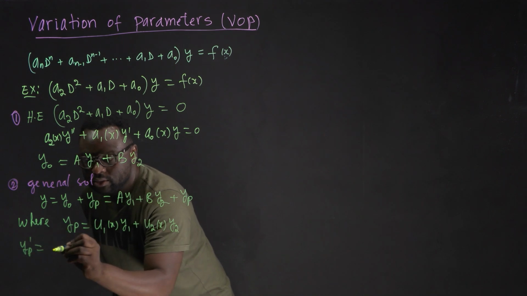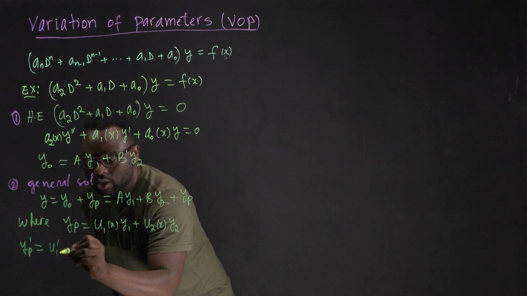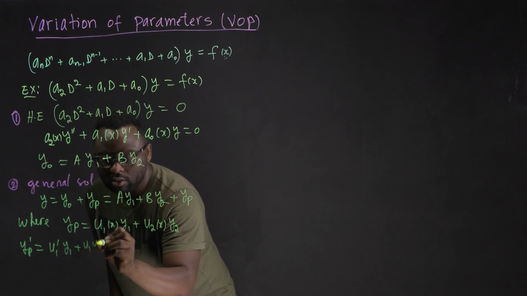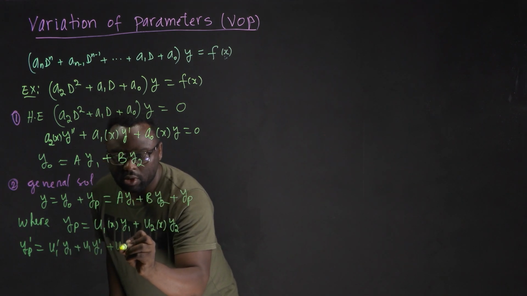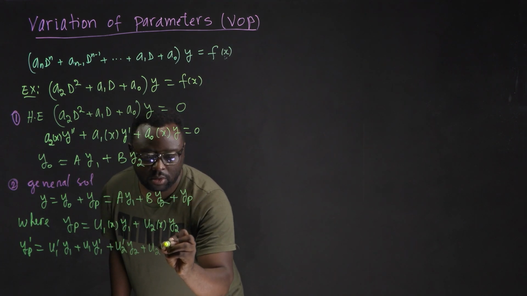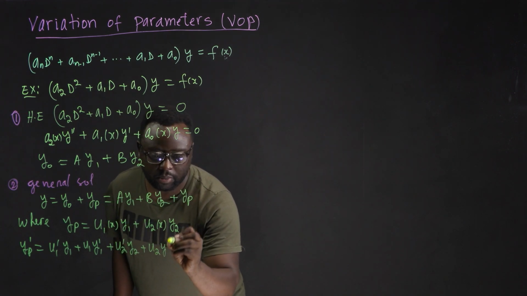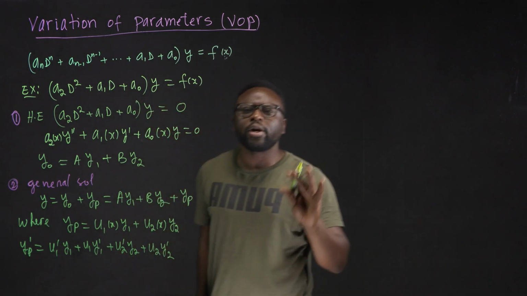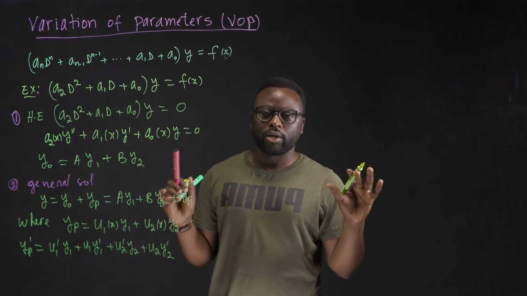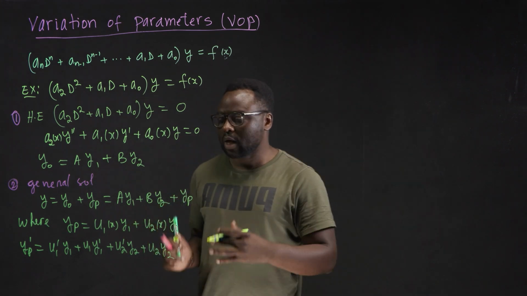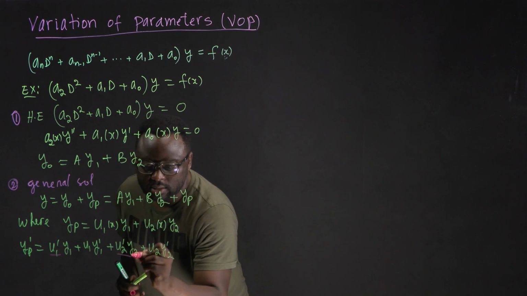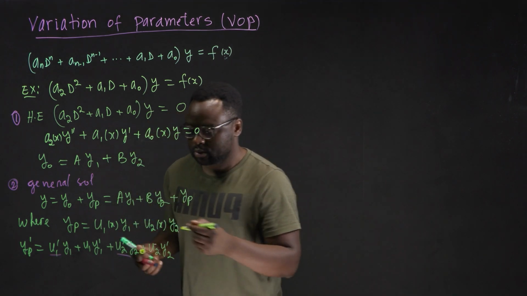When we find the derivative of this, yp prime is equal to u1 prime y1 plus u1 y1 prime plus u2 prime y2 plus u2 y2 prime. The guys who derived this method are Euler and Lagrange. So Euler and Lagrange assume that the terms with the derivatives of u1 and u2 sum to 0. Okay, so let's just take it like this.